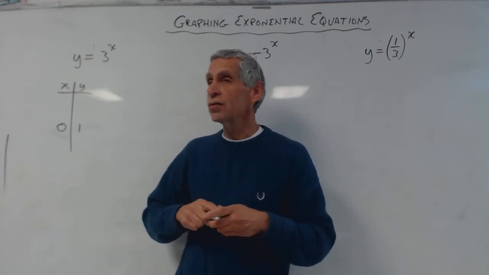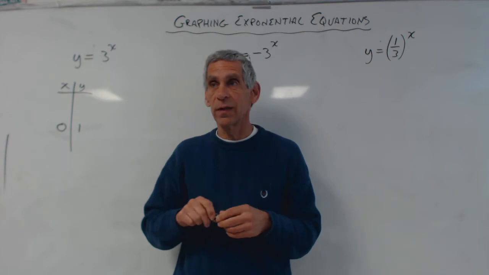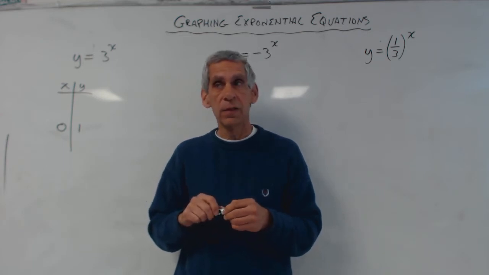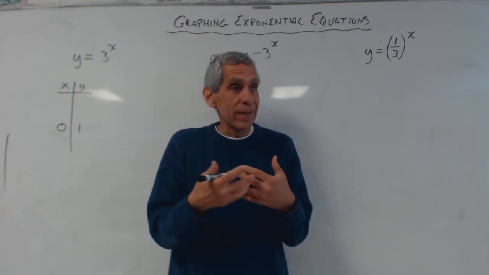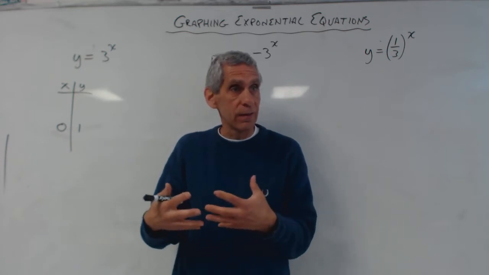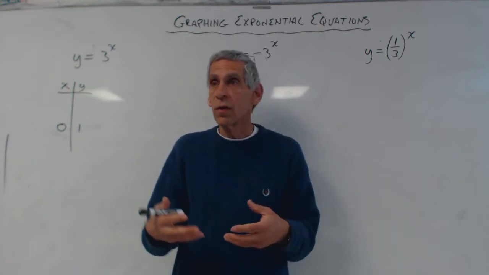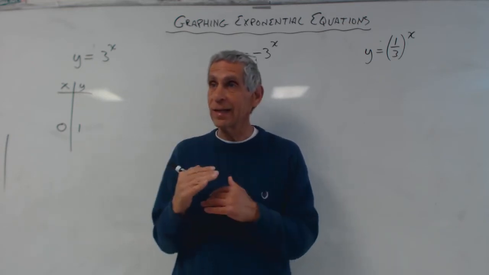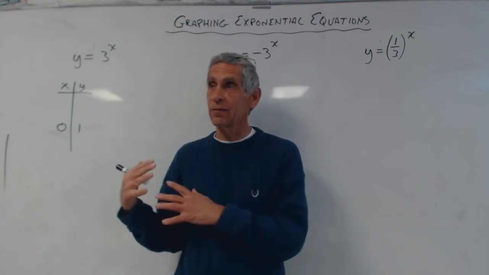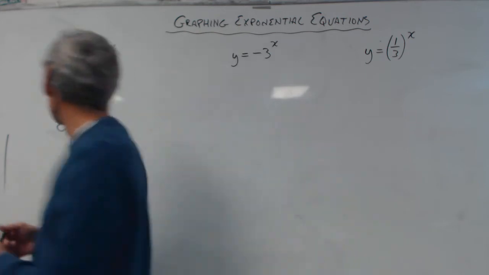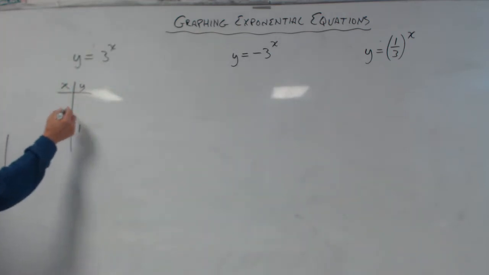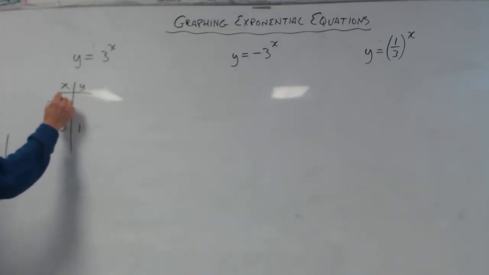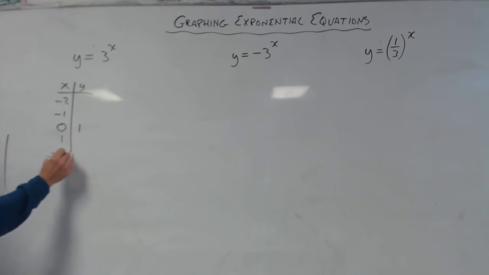So when I use a negative number for an exponent, is the outcome going to be negative? No. It's just going to be a fraction. Negative exponents mean tiny numbers, right? It doesn't mean negative numbers, it means tiny. So it's a fraction. So here we go. Let's make negative 1 and negative 2 and positive 1 and positive 2.